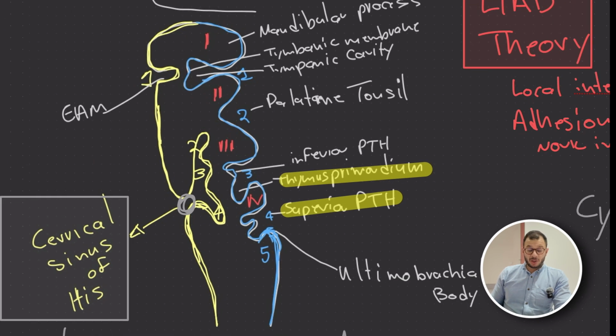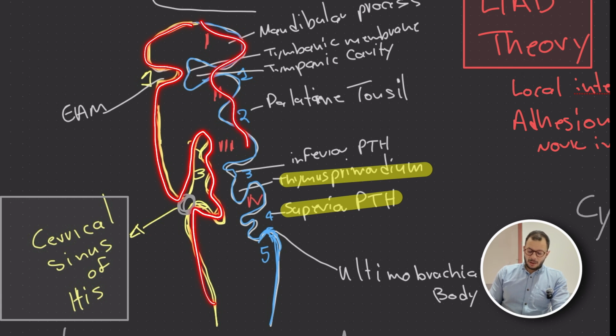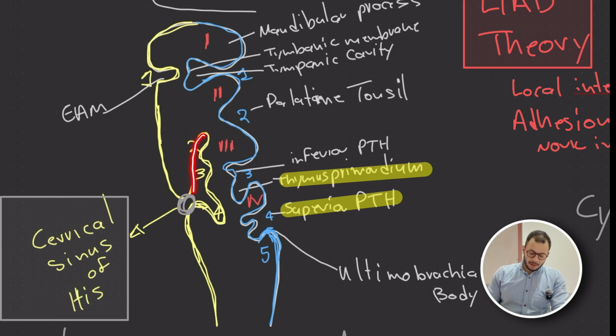Here we see the ectoderm and here the endoderm. The overgrowth of the 2nd arch and the overgrowth of the 4th arch will form a small opening in the pharyngeal apparatus. This is called the cervical sinus of His.